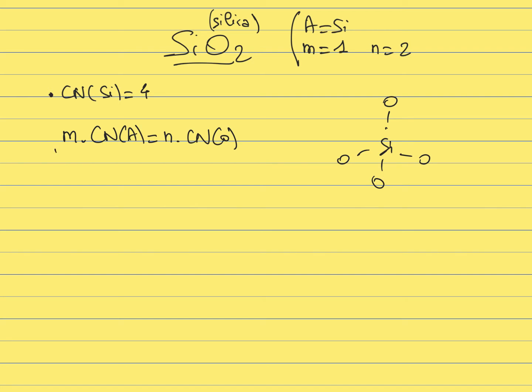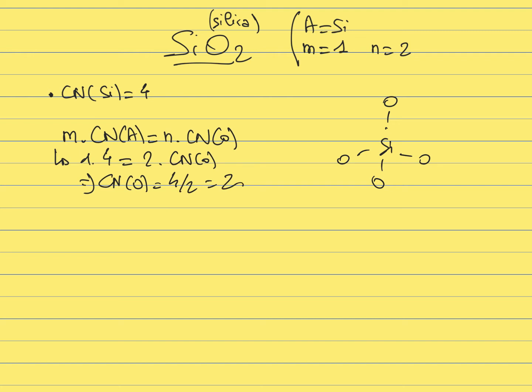If we apply this relationship to the case of silica, M is equal to 1. Let's replace M by 1. The coordination number of silicon is 4. Then you have the number of oxygen, which is 2, and the coordination number of the oxygen, which is what we want to find. So the coordination number of the oxygen in silica is going to be 4 divided by 2, that is to say 2.